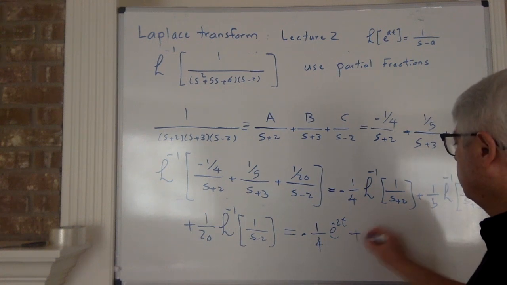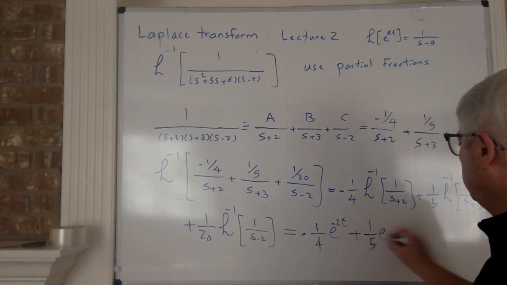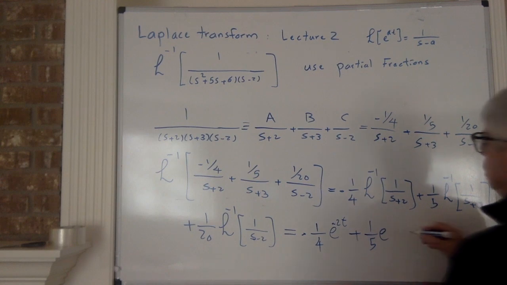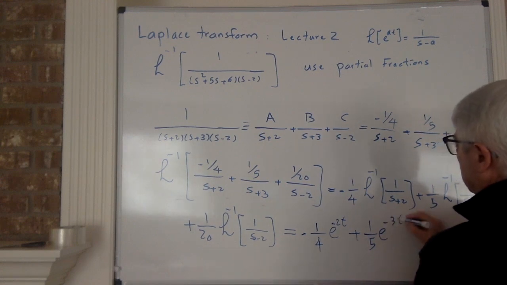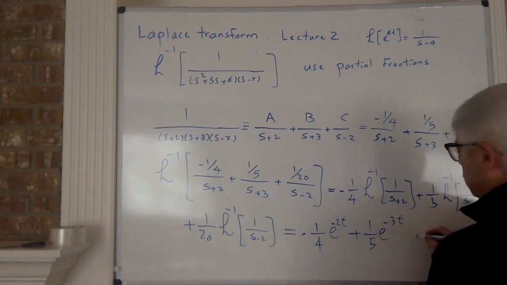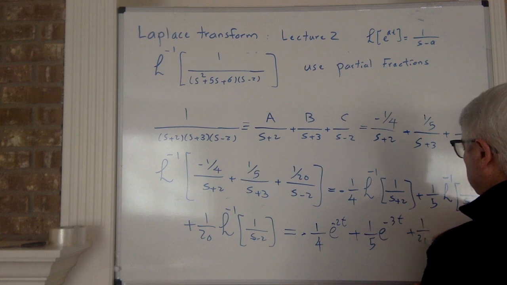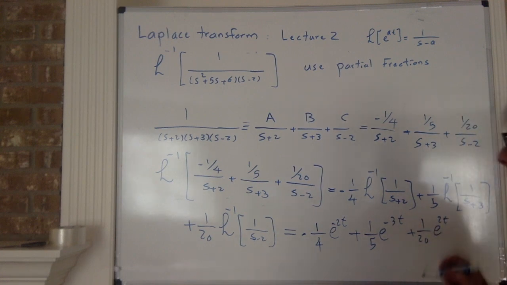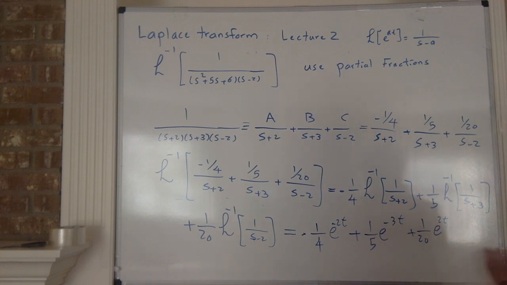This one is 1/5 e to the power minus 3t. And the last one is plus 1 over 20 e to the power 2t. Okay? That's it. So the answer is simply this.